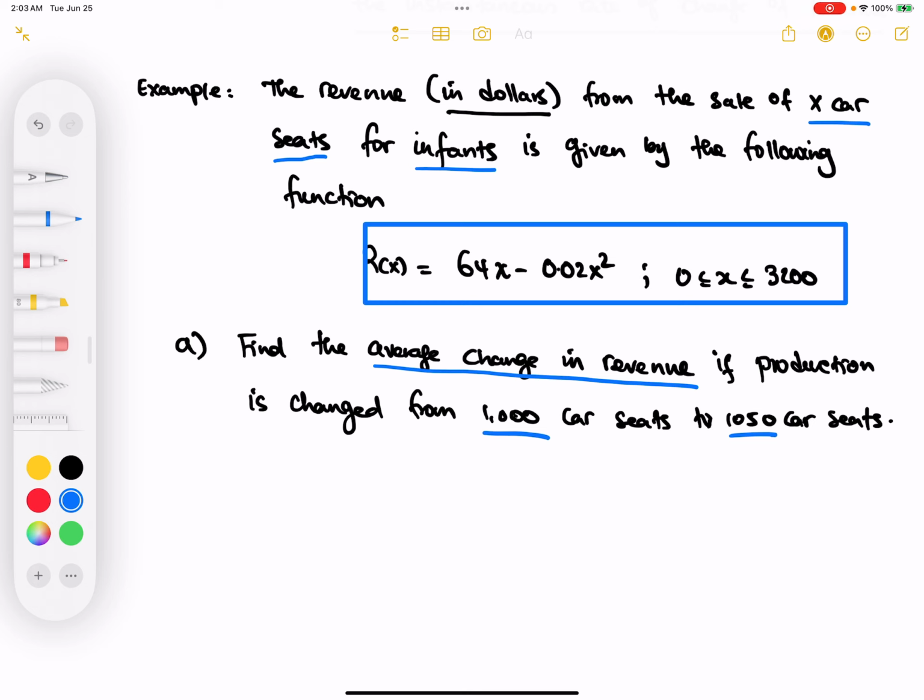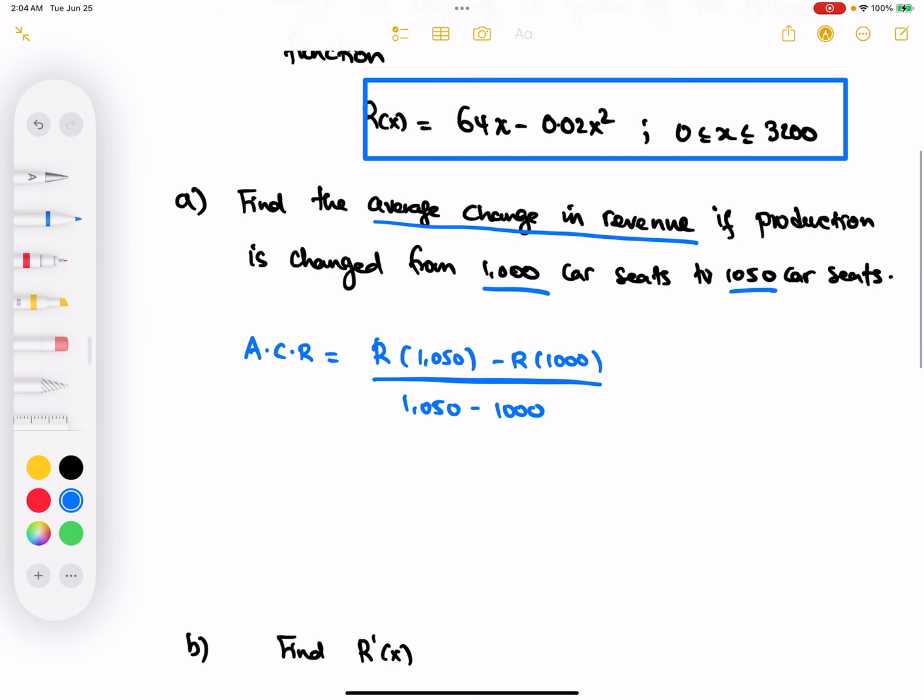That means average change in revenue is R at 1,050 minus R at 1,000 divided by 1,050 minus 1,000. It's just similar to finding the average rate of change. This is for revenue. Now let's do it.